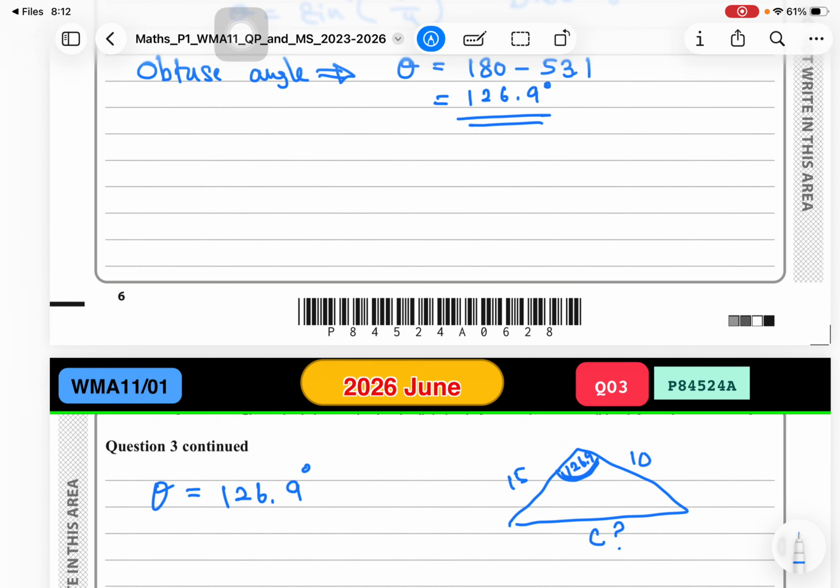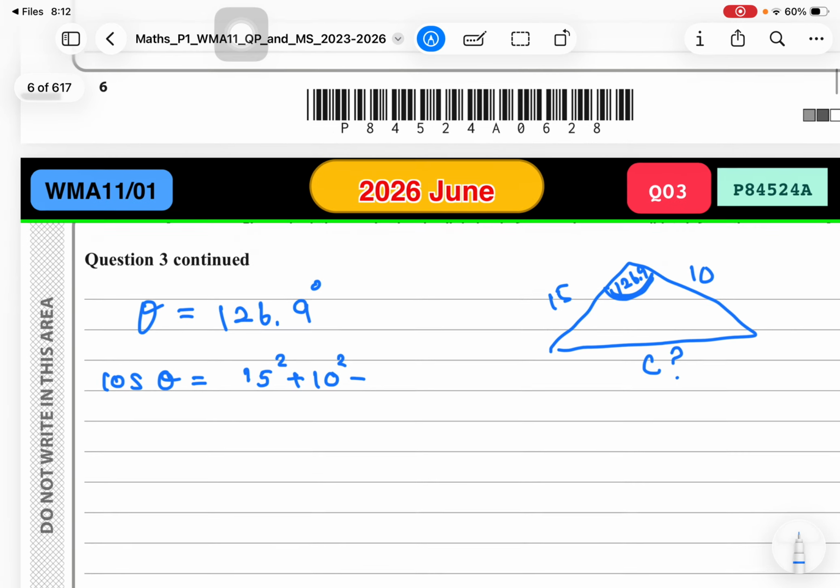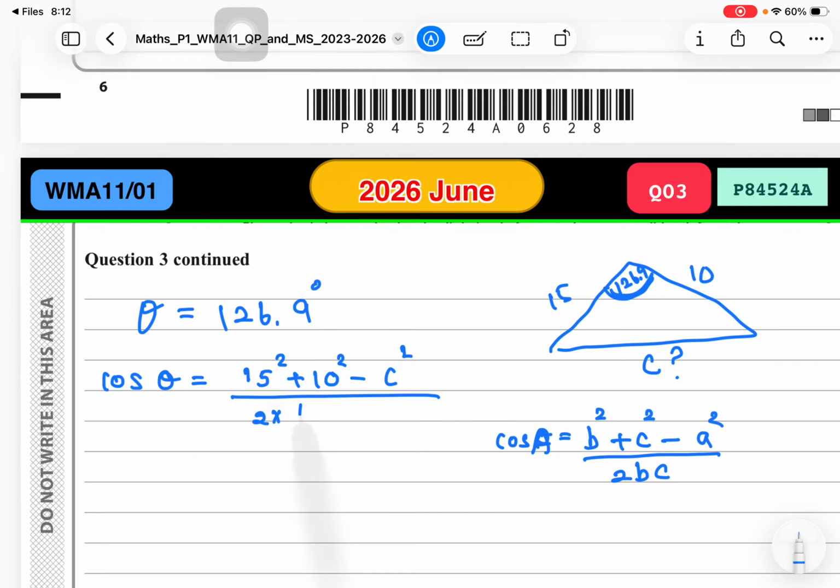The sides are 15 and 10. Let me quickly write the cosine rule here: cos A equals b squared plus c squared minus a squared divided by 2bc. This is the relationship.